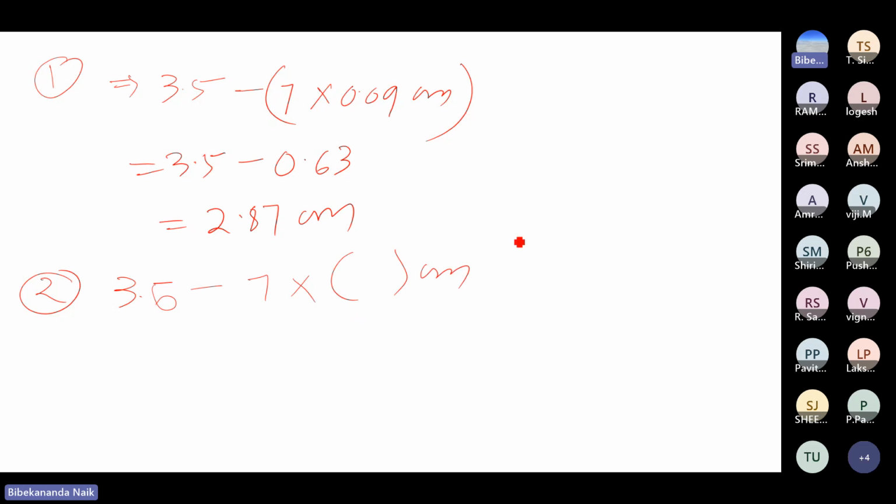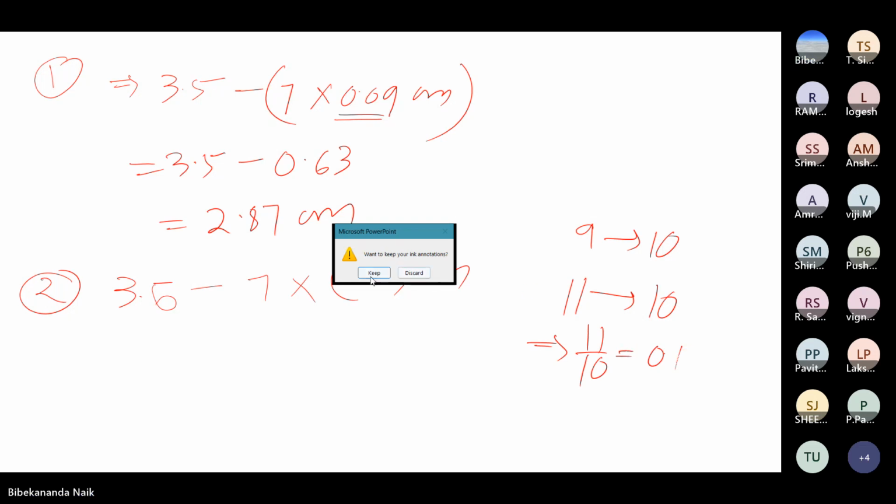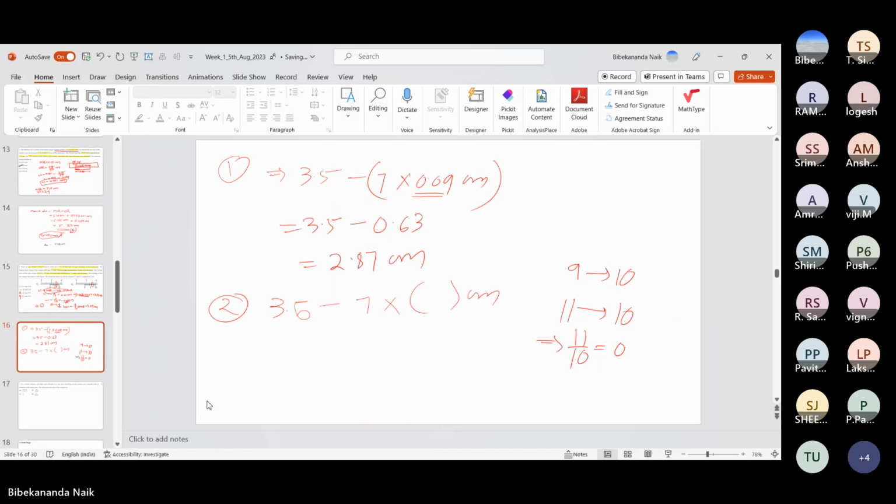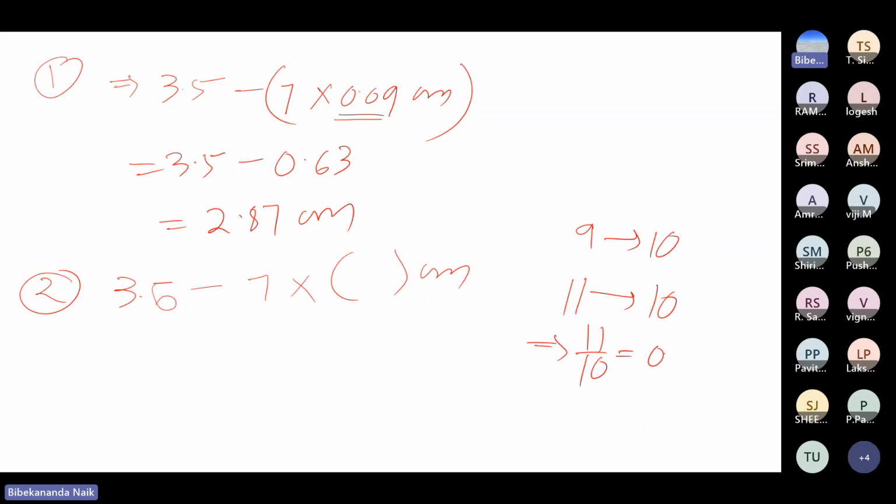Here that value, like in the previous case where it was 0.09 because 9 vernier scale divisions correspond to 10 main scale divisions, but here, since 11 divisions correspond to 10 main scale divisions, it will be 11 by 10, that is 0.11 centimeter.